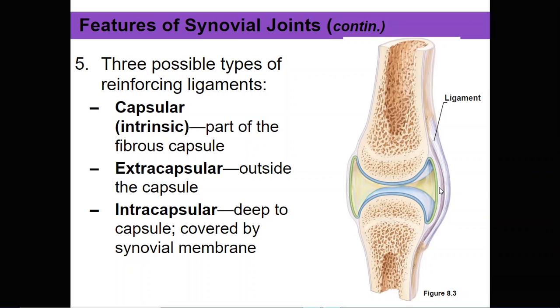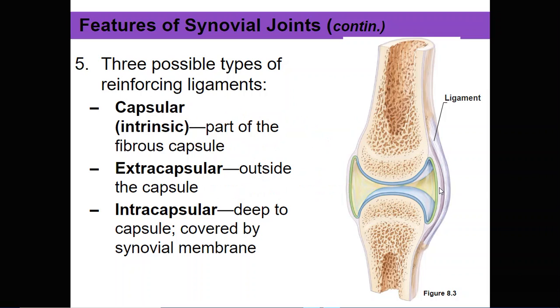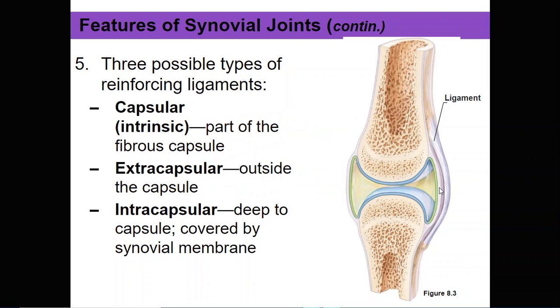And your examples of intracapsular ligaments, when you hear athletes talk about tearing their ACL, so you have an anterior cruciate ligament, and you have a posterior cruciate ligament that are essentially deep to the capsule, and they form like a cross in the internal part of the capsule, and they still provide reinforcement in the knee.